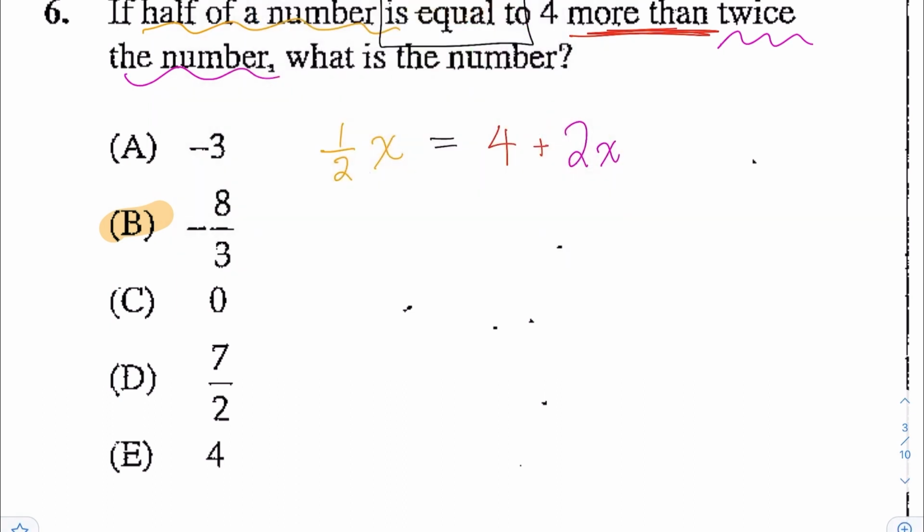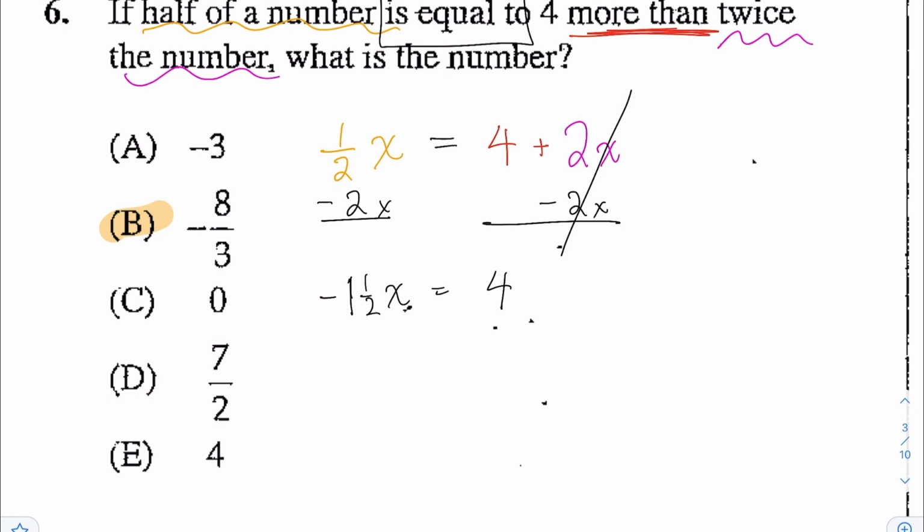So when we have this equation, half of x is equal to 4 plus 2x, you've got to put all the x's on one side, and here you would want to subtract 2x on both sides. So you move everything to the left. 1/2 minus 2x is going to be negative 1.5x is equal to 4.